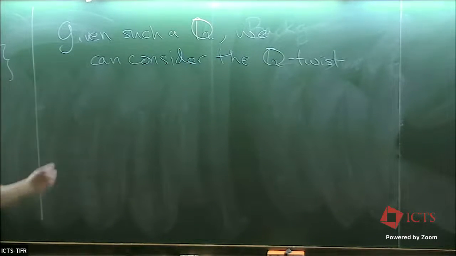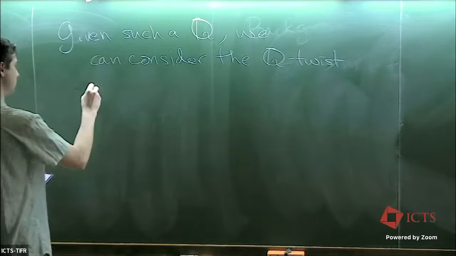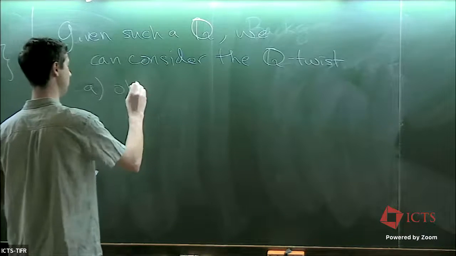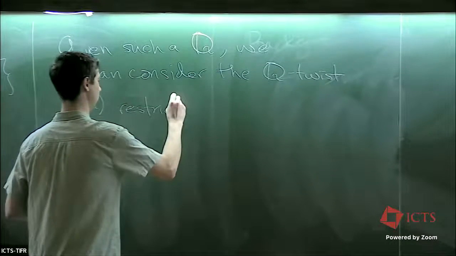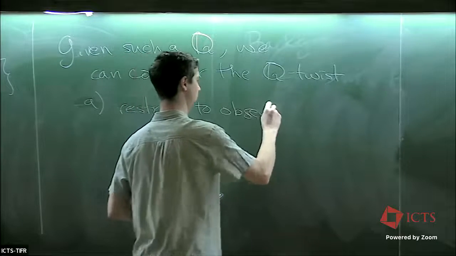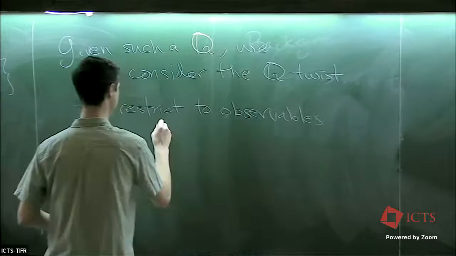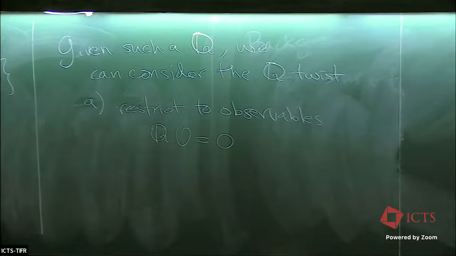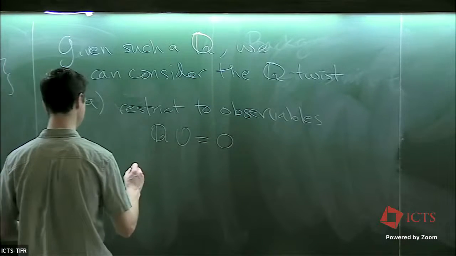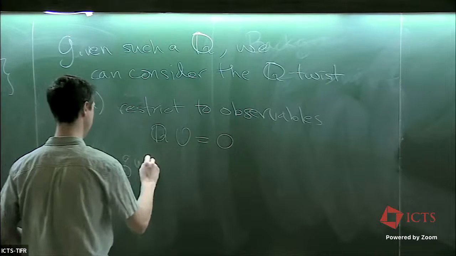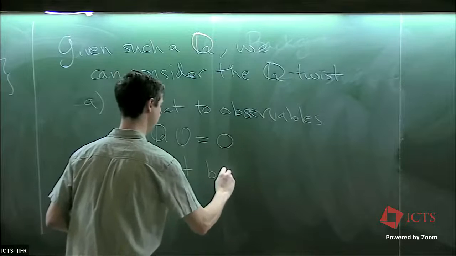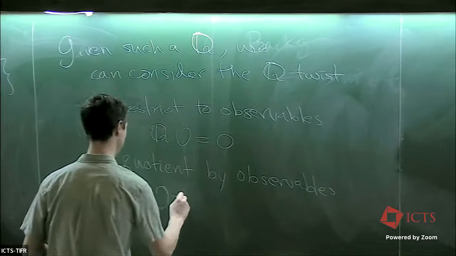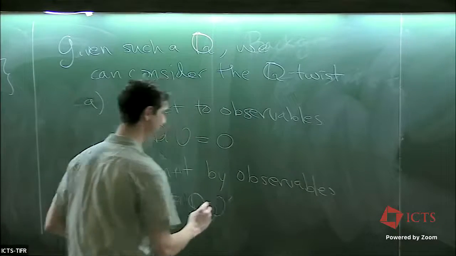And just as we saw in the quantum mechanical setting, what this corresponds to is in some sense 2 parts. We restrict to observables that are Q invariant. So Q will kill these things, something like Q closed local operators. And we quotient by observables of the form O equals Q of something else.